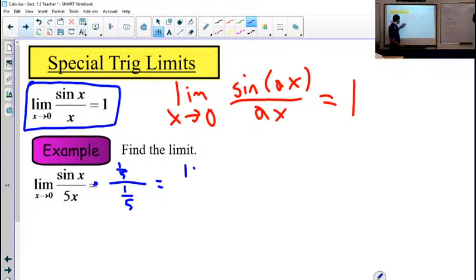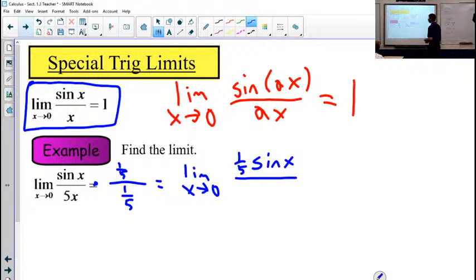This equals the limit as x approaches 0 of 1/5 sine of x over, the 5's cancel, and we have x.